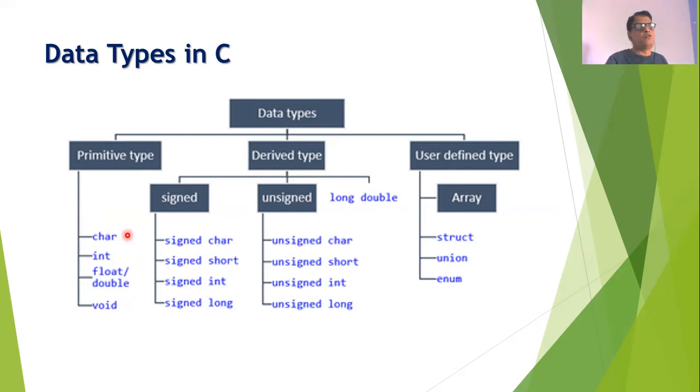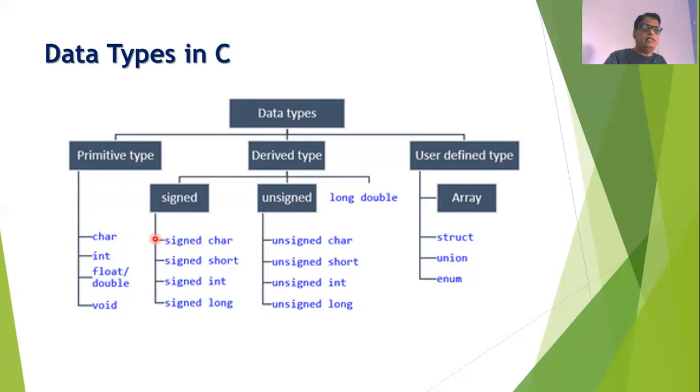The character data type is normally used to access single characters. The integer data type is used to access integer numbers or whole numbers. And the data type called float or double is used to access fractional numbers. Apart from this, there is another data type available, called the void data type. Void means null or nothing. So these can be called the basic data types in C programming language.